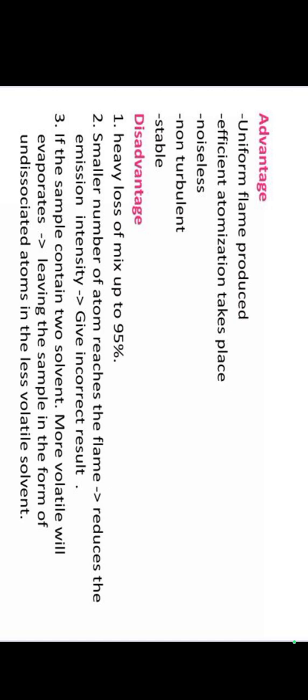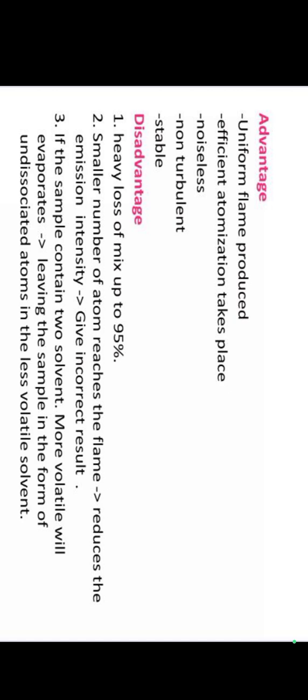Advantages of the laminar flow burner: the first main advantage is that a uniform flame is produced, but the total consumption burner does not produce a uniform flame. This premix burner, or laminar flow burner, produces a uniform flame and is noiseless, whereas the other burner produces noise. It is also non-turbulent and stable.